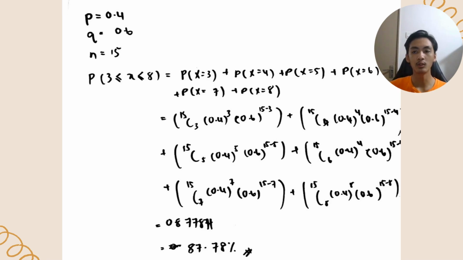The formula that we will use is nCx times p to the power of x times q to the power of n minus x, where n is the total number of trials, x is the number of successes, p is the probability of success, and q is the probability of failure. So we will calculate the probabilities for 3 to 8 recoveries and then add them up, with a total probability of 97.78%.